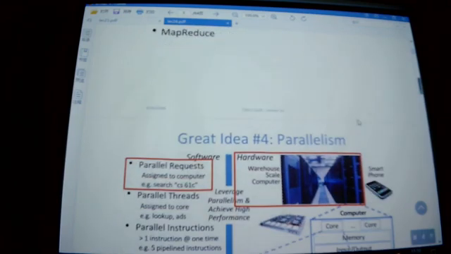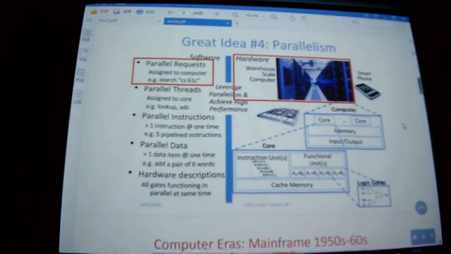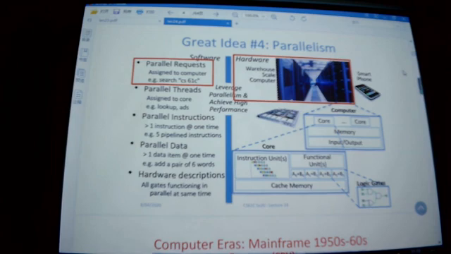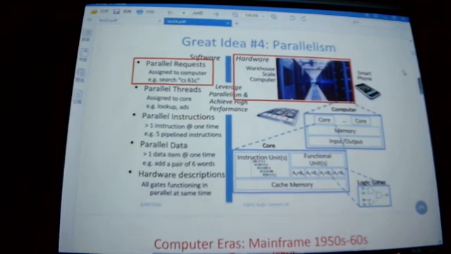Okay. So Great Idea 4 is parallelism. The topic in lecture 24 is parallel requests assigned to computers. The hardware is a warehouse scale computer. The warehouse is developed with databases. Databases are useful system software in operating systems.